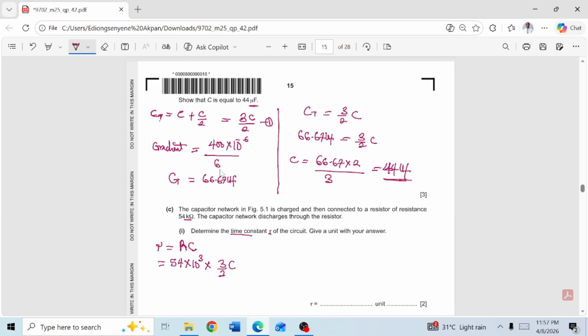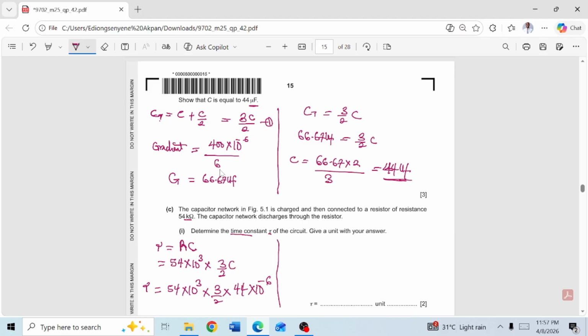And if this is the case, we can put it as time constant equal to 54 times 10 raised to the power of 3 times 3 over 2, and we cut our C as 44 microfarad, so times 10 raised to the power of minus 6.